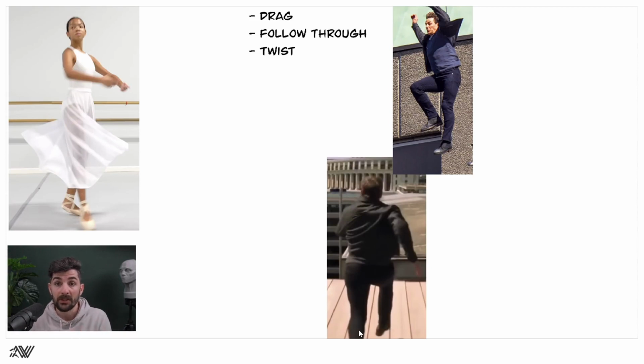The clothing drags behind it. It literally lags behind, right? Because it needs to catch up. And that's what they call drag, right? Because the main body of motion is faster than the secondary features that need to follow that motion, right? And this creates that natural feeling of motion in clothing.